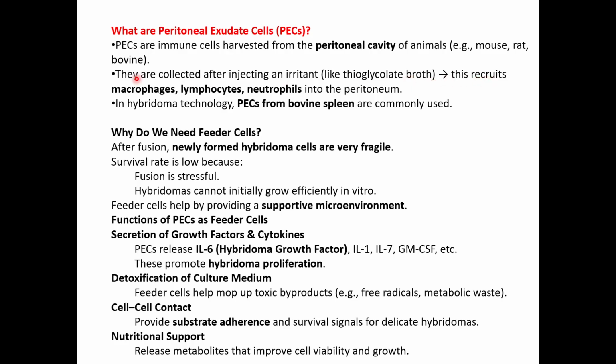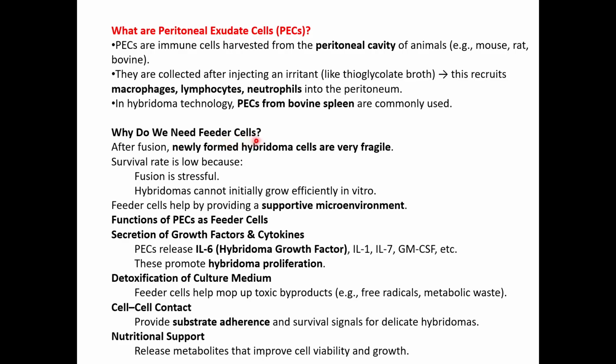This helps in recruiting the macrophages, lymphocytes, neutrophils, etc. into the peritoneum, and then you can collect the cells from there. In hybridoma technology, the PECs from the bovine spleen are generally collected.